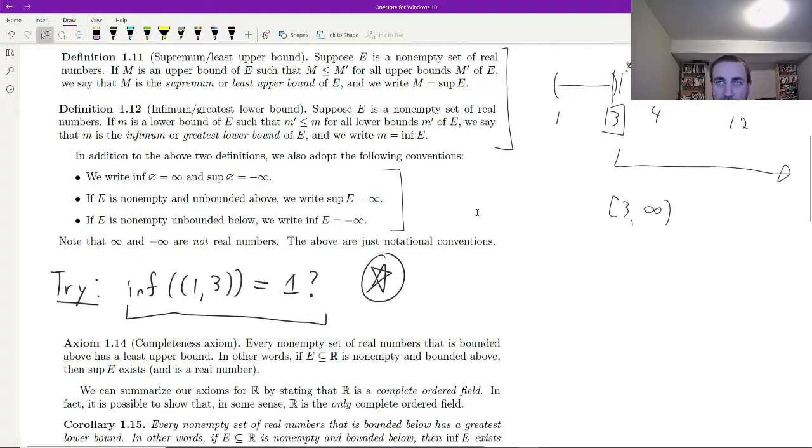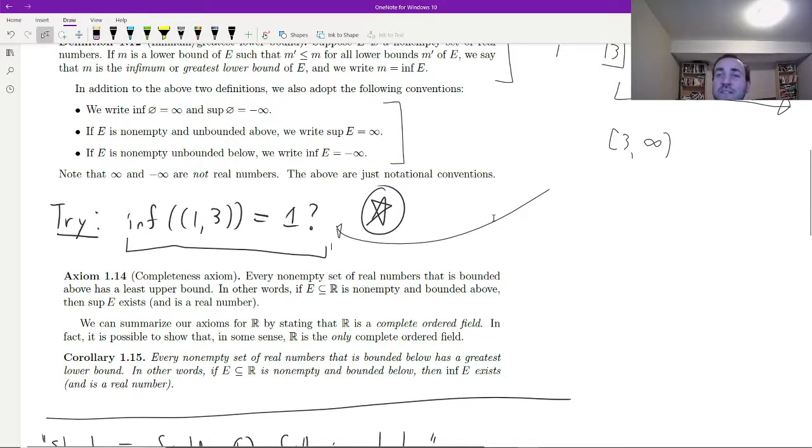Okay. So as I said, and as we'll prove in a second, the infimum is not very hard to compute if you look at a nice set, and particularly the infimum of the open interval (1, 3) is going to end up being 1, but I'm going to defer all calculations and get to the main part of today's video, which is the completeness axiom.